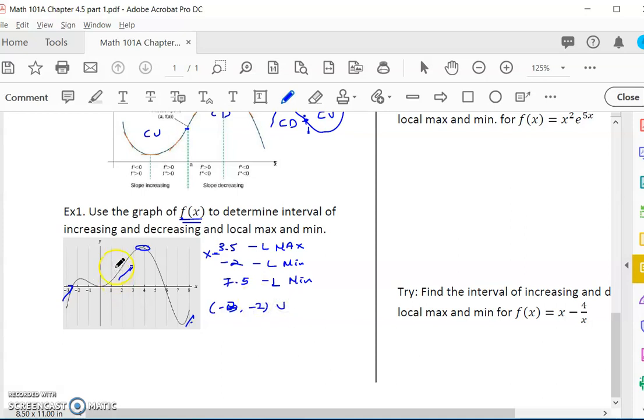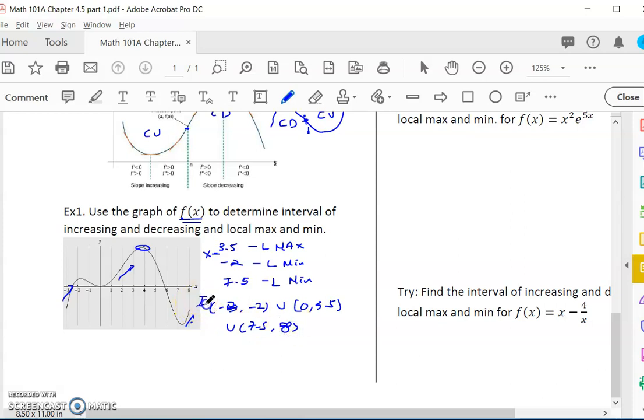Union, starting from 0 to 3.5, it's not very clear, 3.5, let's say. And then where is it increasing also? 7.5 to 8, or this is looking like infinity.